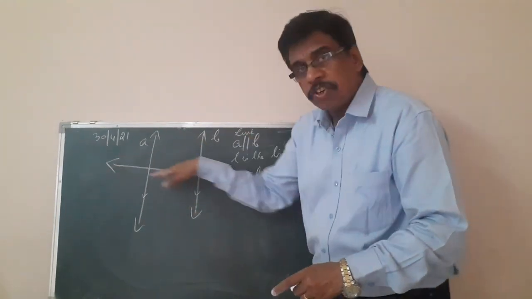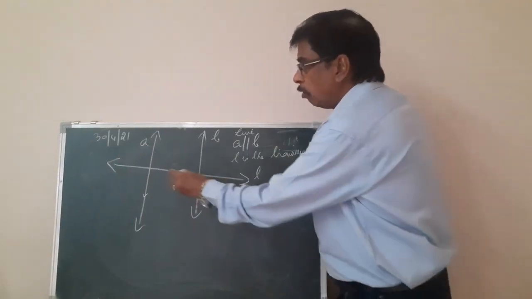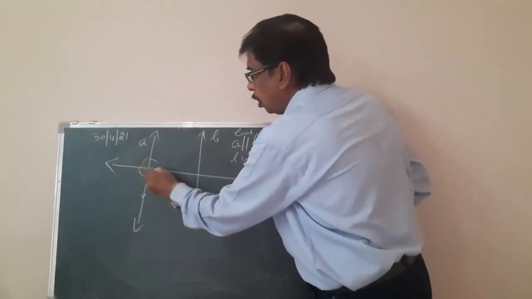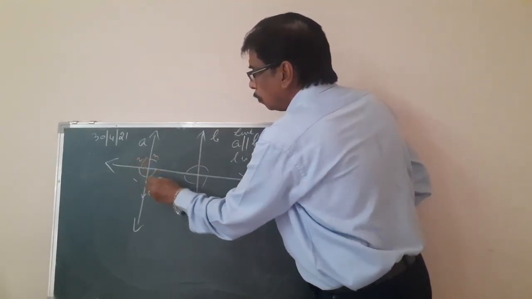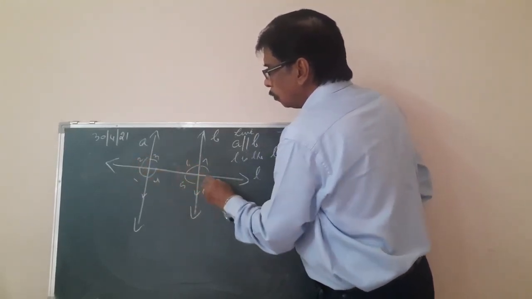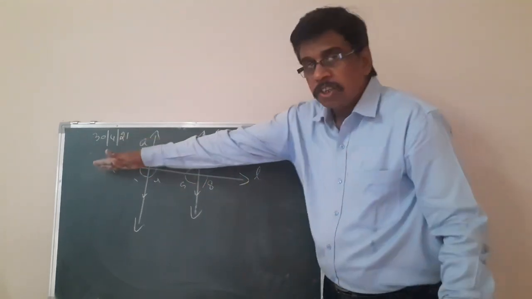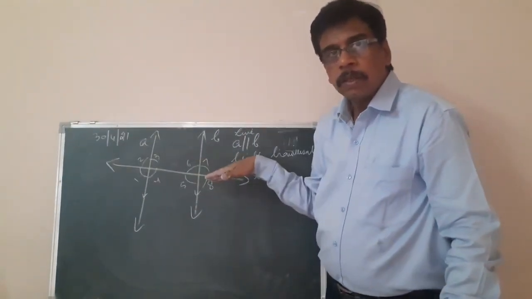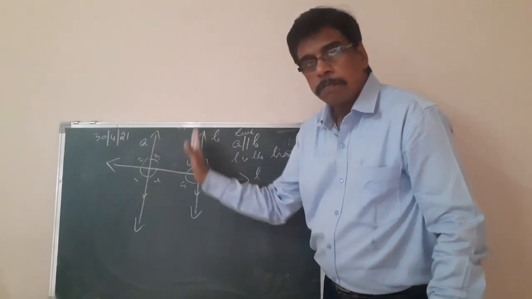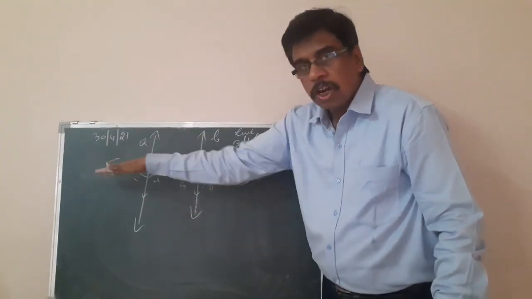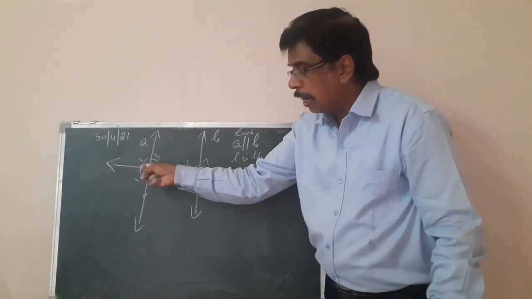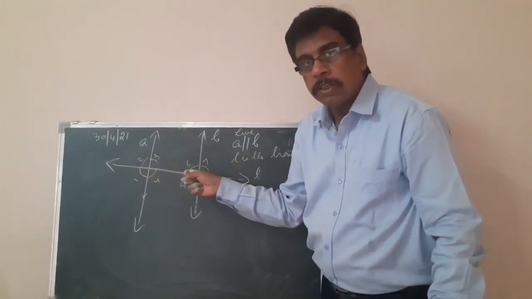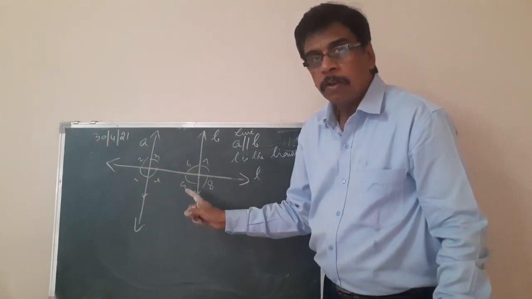So if L is the transversal, which are the 8 angles formed here? 1, 2, 3, 4, 5, 6, 7, 8. Because this is the transversal now. These are the parallel lines. This is the transversal. So when the transversal intersects the two lines, the 8 angles are formed at the two different vertices of the parallel lines.